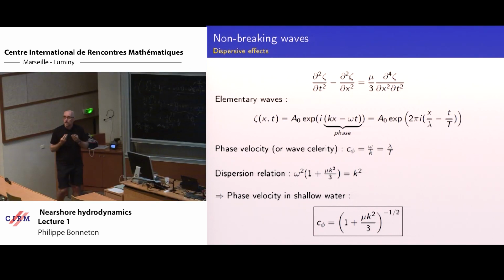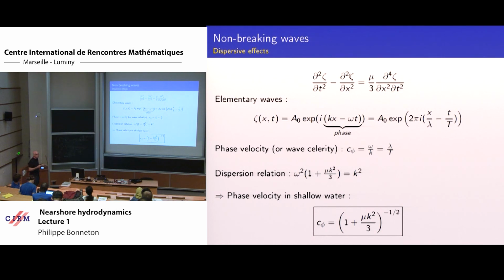So the wave field is dispersive because the celerity of each component k, of each wavelength, is a function of the wave number or a function of the wavelength.